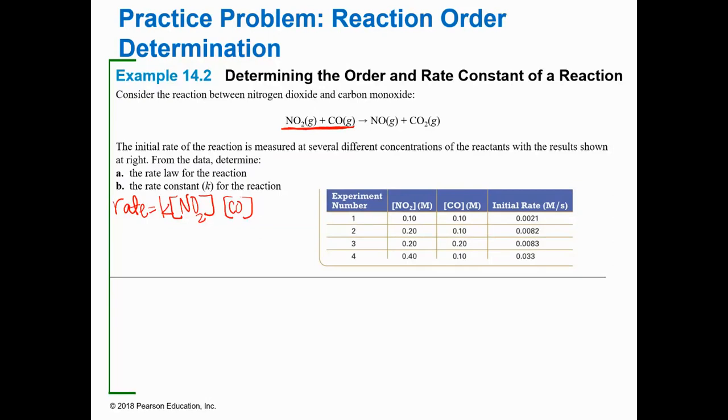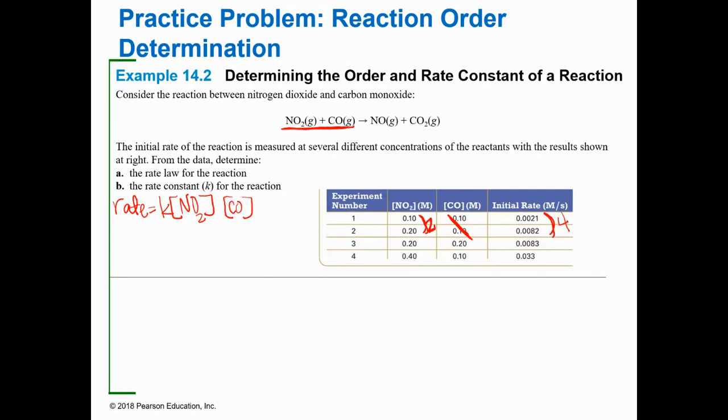So what we're going to do is look where one reactant is the same in 2 different experiments. Like CO is the same in experiments 1 and 2, so that is not affecting our rate. Here I see that NO2 doubled and the rate quadrupled.